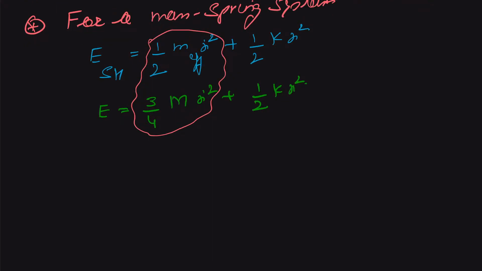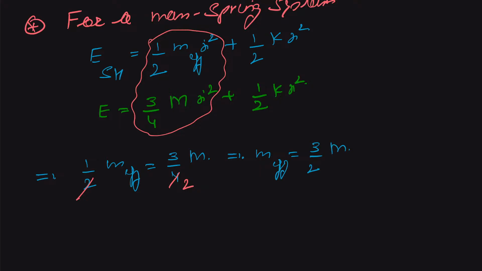Therefore half of the effective mass will be equal to 3/4 times m, and this goes by 2. From here we get that the effective mass will be equal to 3/2 times m.